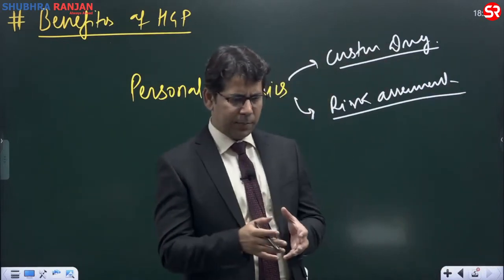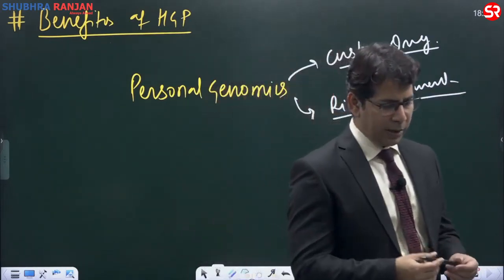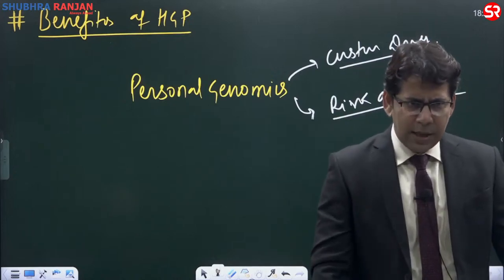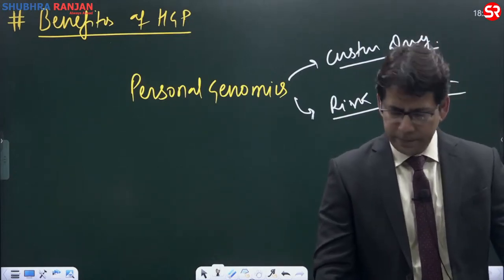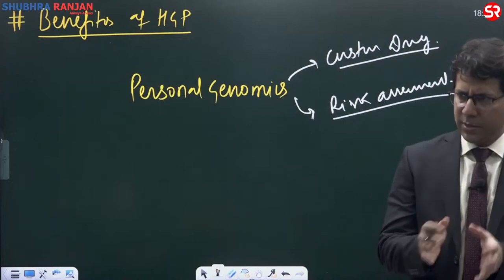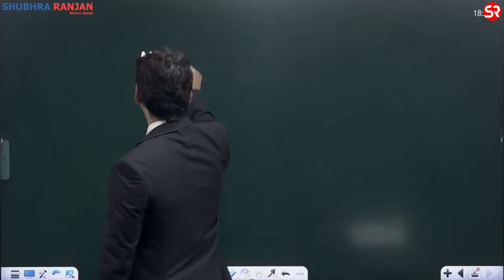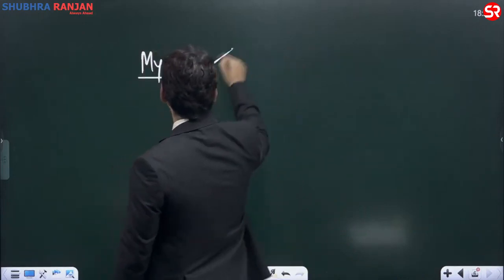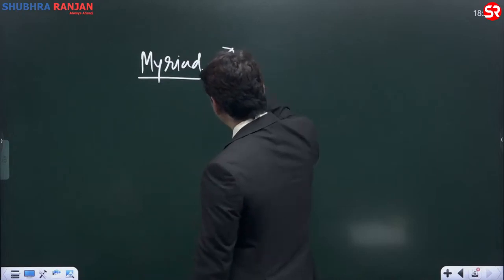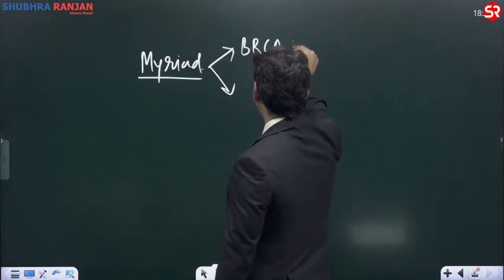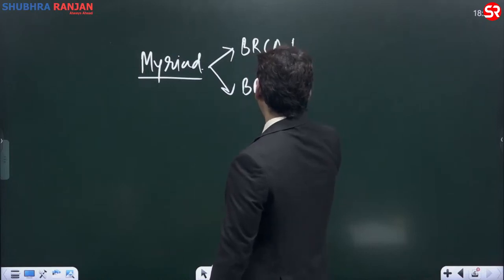I'll give you one example. You know the example very well. You might be knowing there is one very famous actress in Hollywood. Her name is Angelina Jolie. जानते हैं? She went through this personal genomics. और एक कंपनी अमेरिका की उसका नाम है Myriad. So Myriad is a company, and this company discovered two genes in human genome. The genes are called BRCA1 and BRCA2.